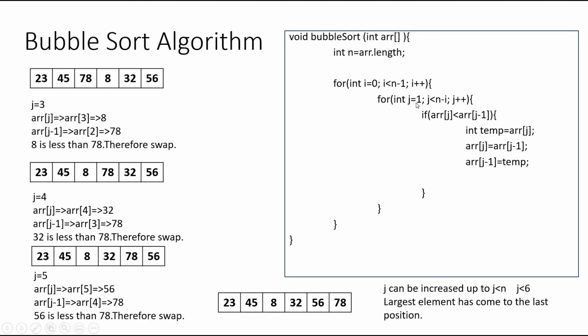Okay, now let's go here again. Now j equals 6. But the condition is j must be less than 6. So this is false, and this for loop will be exited. At the end of this part, we can see that our first pass has been completed. That means the largest element, 78, has come to the last place.